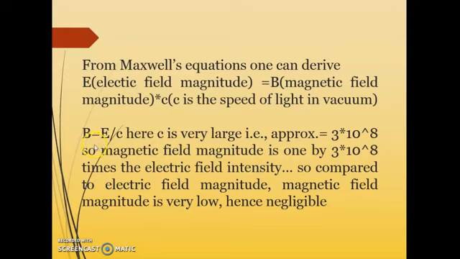So what do we find here? That B is actually 10 to the power minus 8 times that of E, which is much, much smaller in magnitude, isn't it? So if we compare the magnitudes of E and B, then the magnitude of the magnetic field is very low and hence it can be neglected.